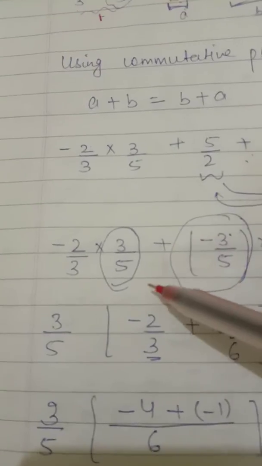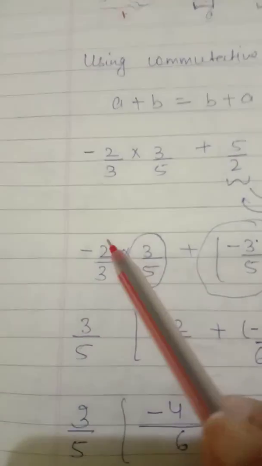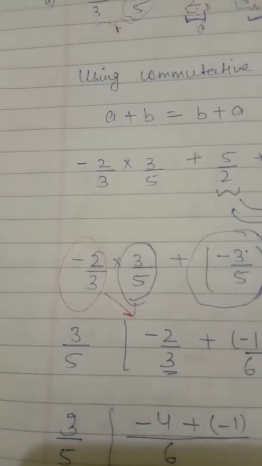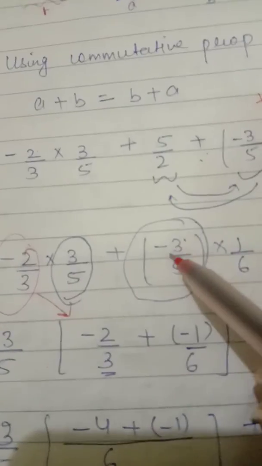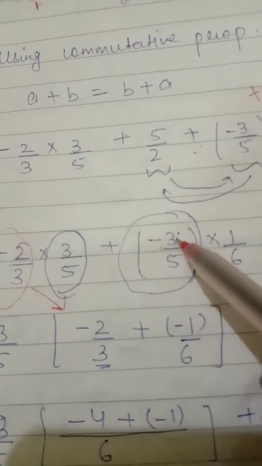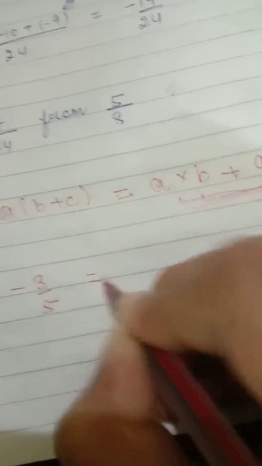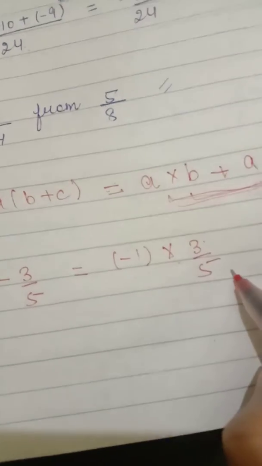So by using distributive property, when I take 3 by 5 common, here you are left with minus 2 by 3, and here you have taken 3 by 5 common, but this was your minus 3 by 5. So can you write minus 3 by 5 is equal to minus 1 into 3 by 5? You can write minus 3 by 5 like this, minus 1 into 3 by 5.